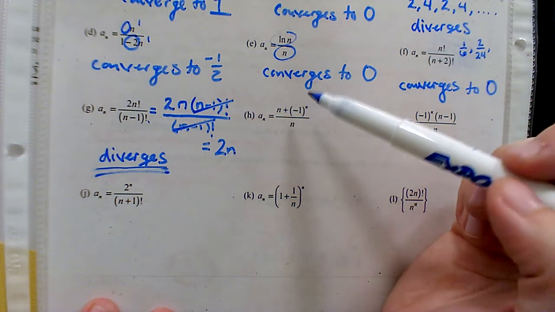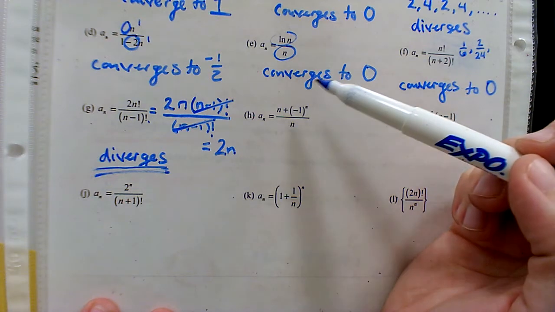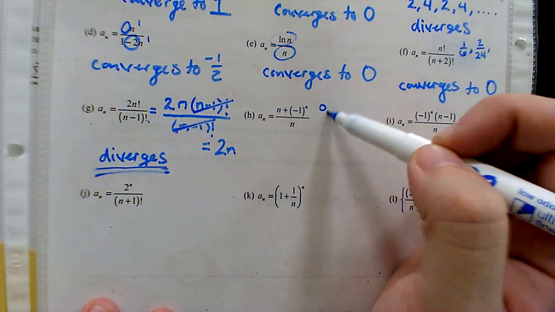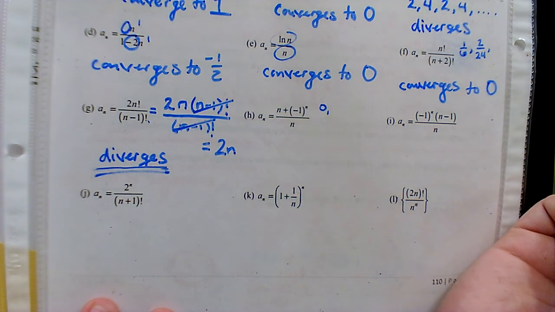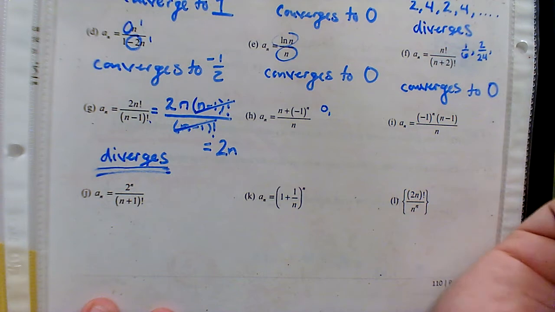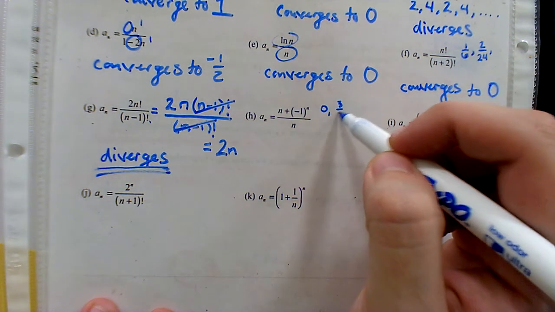Let's see, if we plug in 1, we'll have 1 minus 1, which is 0, over 1, which is 0. Plug in 2. 2 plus 1, we got 3 over 2.